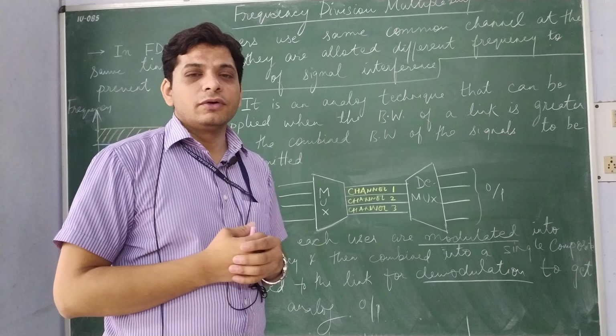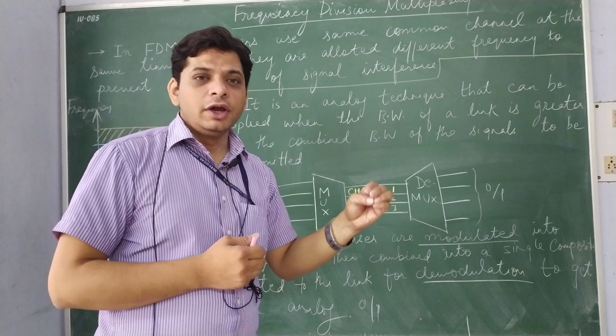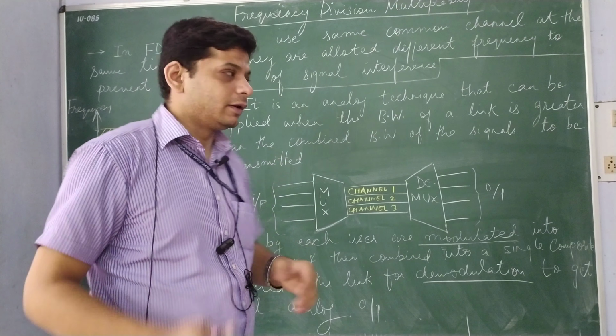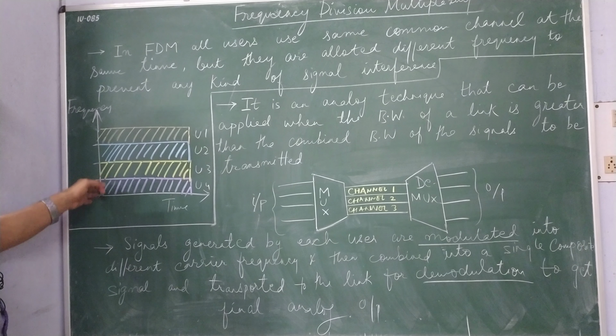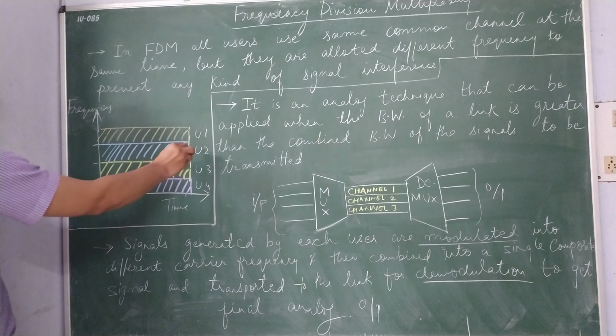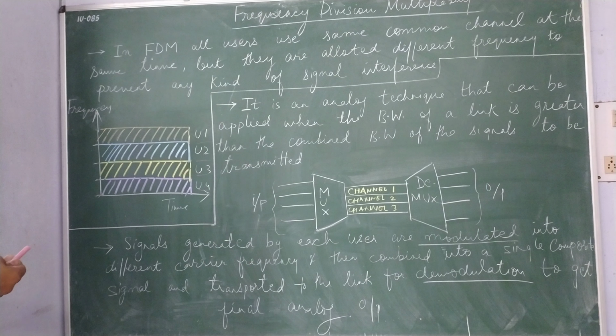So, that bandwidth of frequency is divided among multiple users in order to communicate over the channel. So, this frequency is converted into different frequencies and these users are allotted different frequency bands to communicate over the medium.